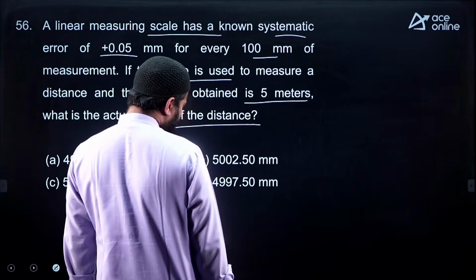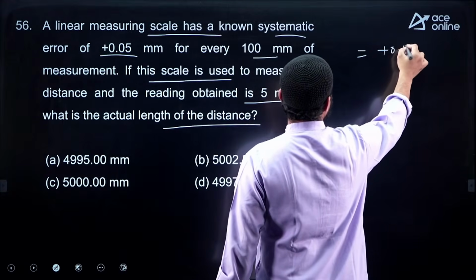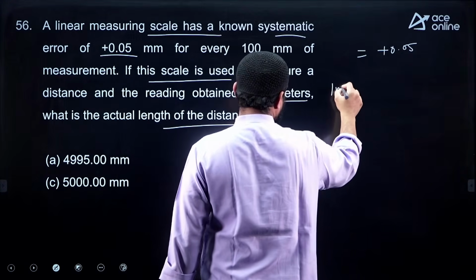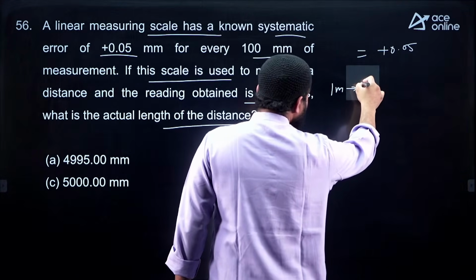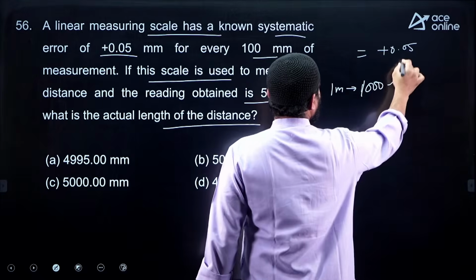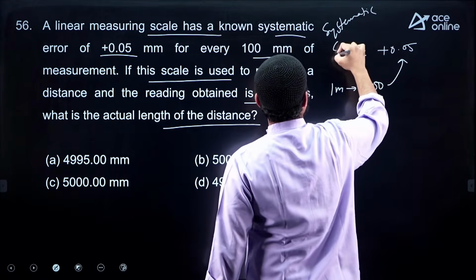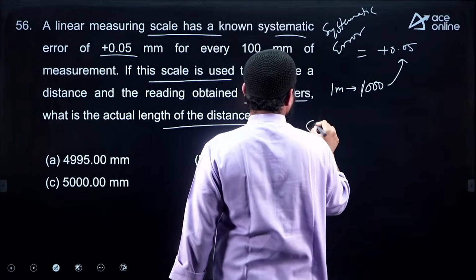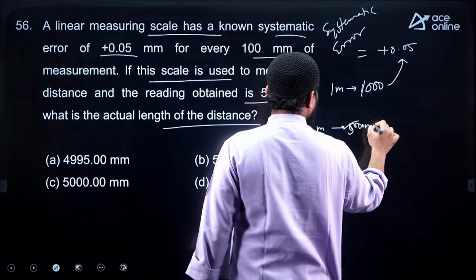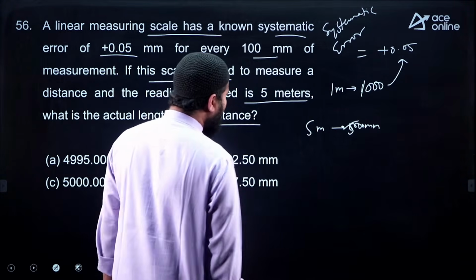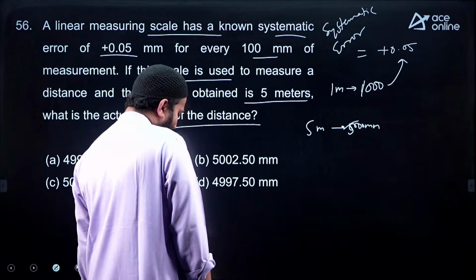So, basically in this question while solving, the systematic error is given as plus 0.05, whereas for 1 meter, which is nothing but 1000 mm, this particular value is the systematic error. Then for 5 meter, nothing but 5000 mm, which is the measured value, what will be the actual length we need to calculate.